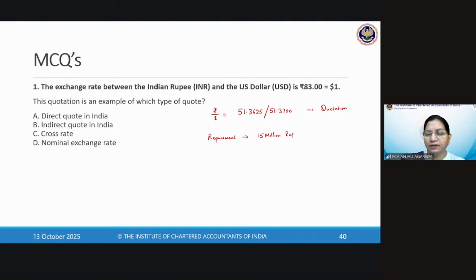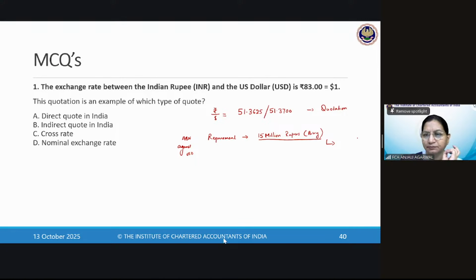Don't ignore the Vostro Nostro account as of now. ABN AMRO wants 15 million rupees against USD. So you want to buy dollars. Why do you want to buy? Because you have to fund your account with Canara Bank in New Delhi. So far clear?